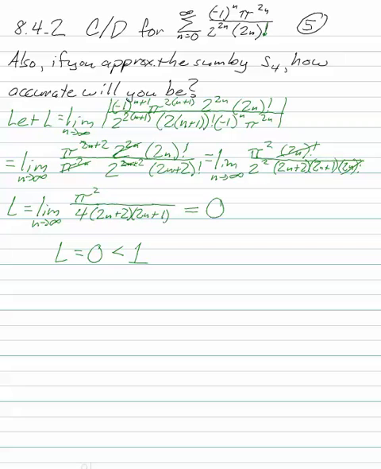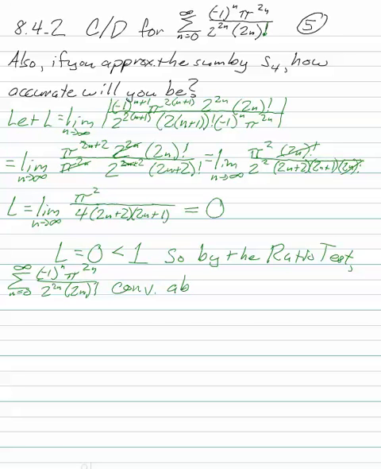Since it's less than 1, by the ratio test, the series from n equals 0 to infinity, negative 1 to the n, pi to the 2n, over 2 to the 2n, 2n factorial, converges absolutely.